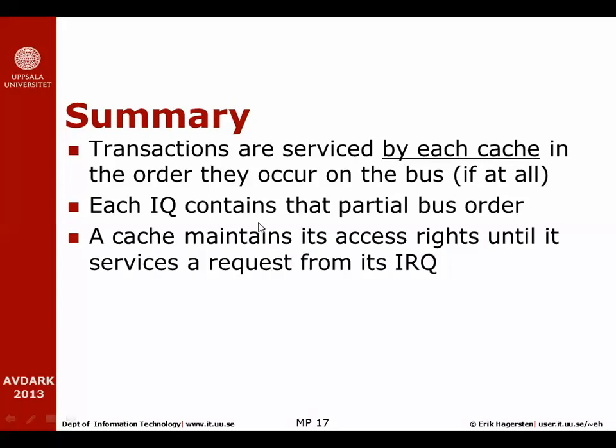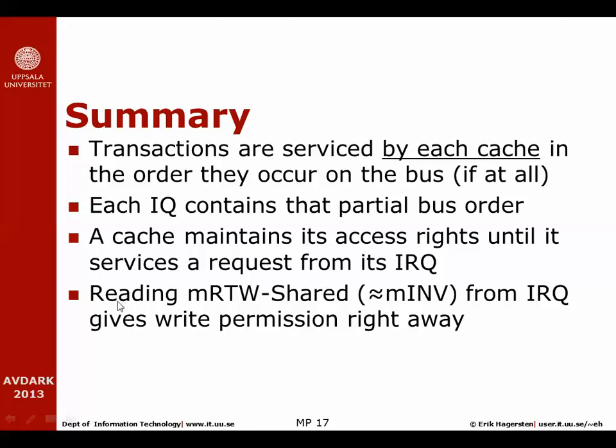A cache will maintain its access right until it services a request from its input queue. So it should say IQ here. It can hold on to write permission, for example, until it services a read-to-write request or these kinds of funny invalidation requests from above.